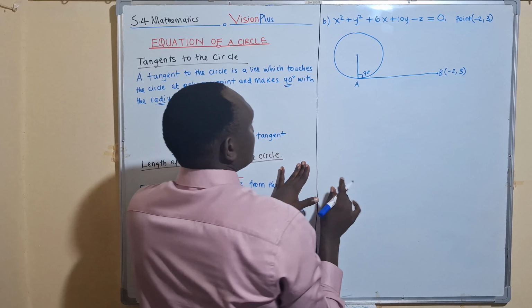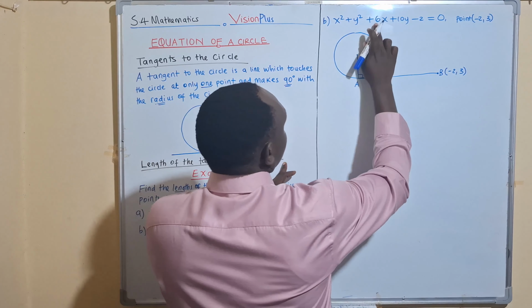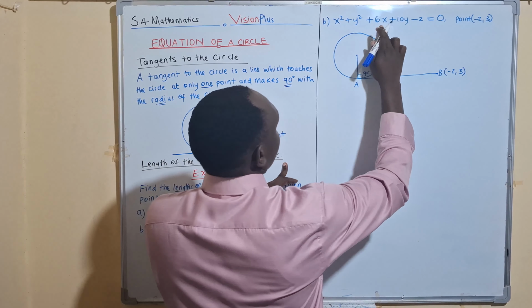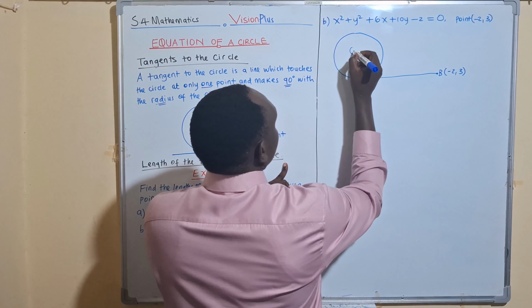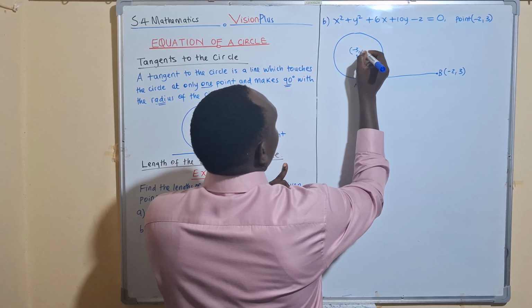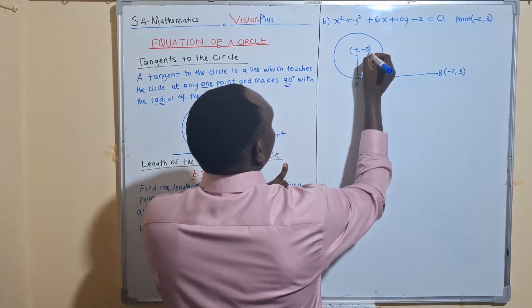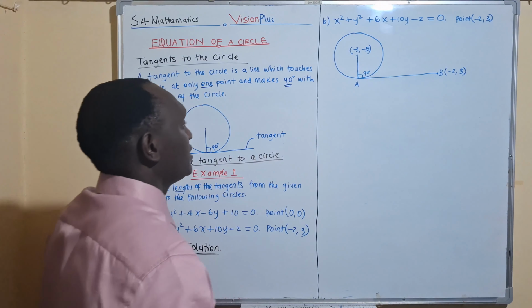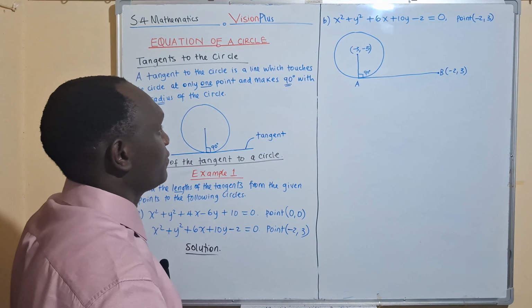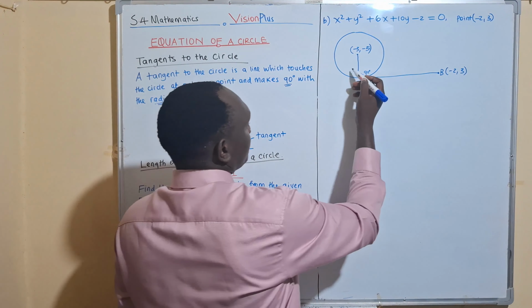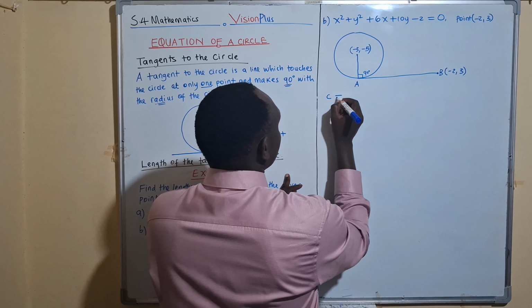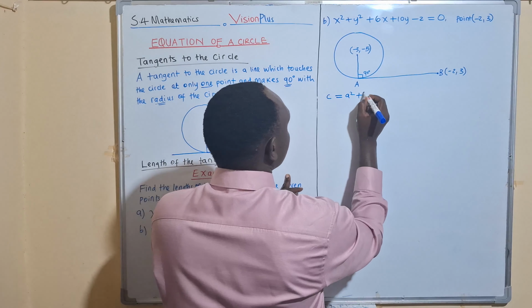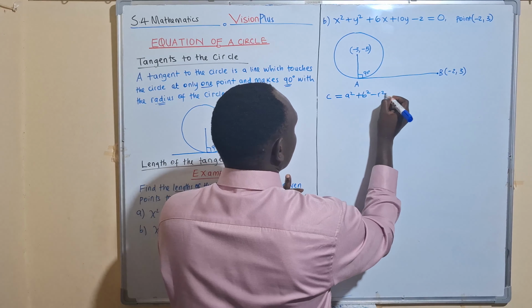What are the coordinates of the center? You can get the coordinates of the center from the given equation. In this case, the coordinates are (-3, -5). Now we don't have the radius, but we know that C is given by a squared plus b squared minus r squared.